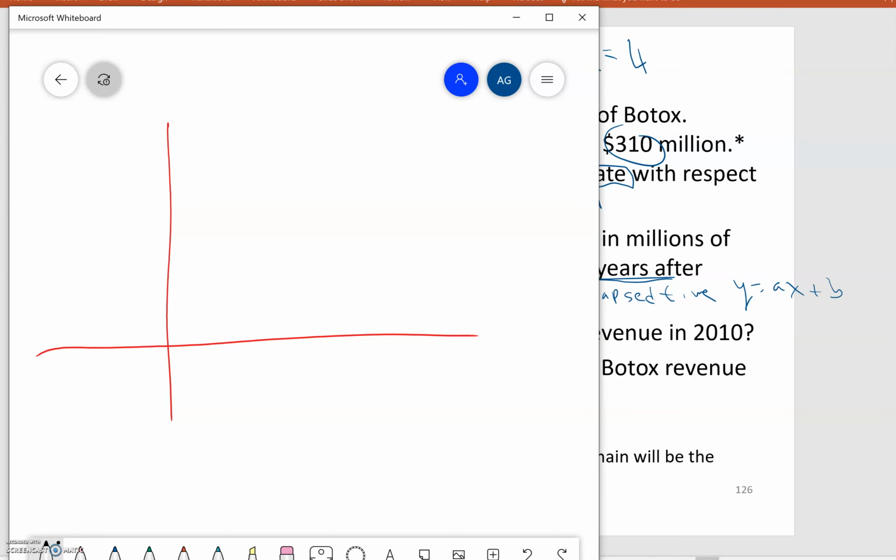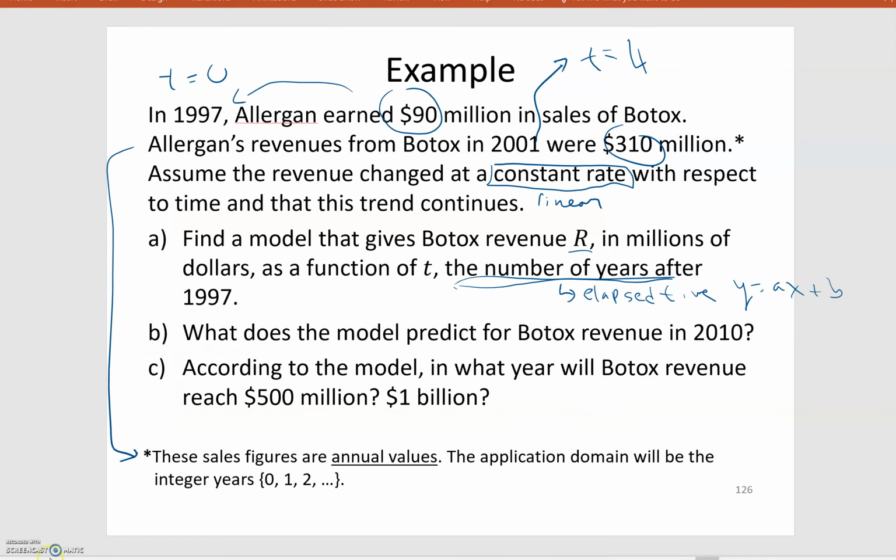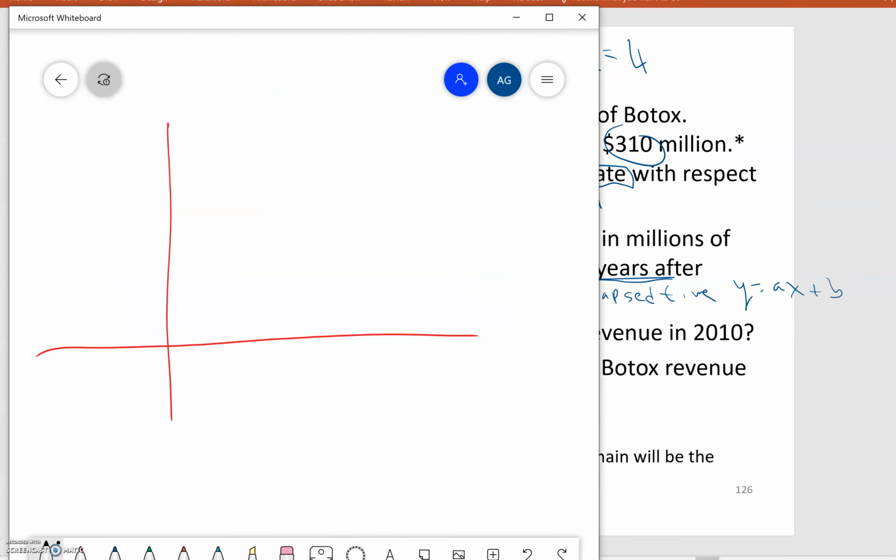This is elapsed time, so we start at time 0 with 90 million. So this would be 90, and then 0, 1, 2, 3, 4, we're at 310.